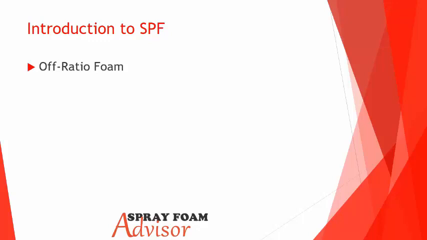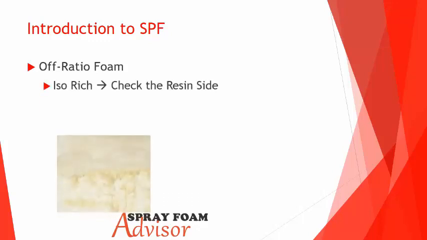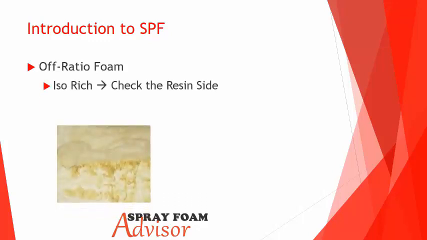If the mix is lacking B component, known as A or iso-rich, the resulting SPF may be darker in color, shiny, have a glassy cell structure causing brittleness or friability, and the density of iso-rich foam will typically be higher than the manufacturer specifications. This means the system is not getting enough resin. Look on the resin side for the issue.